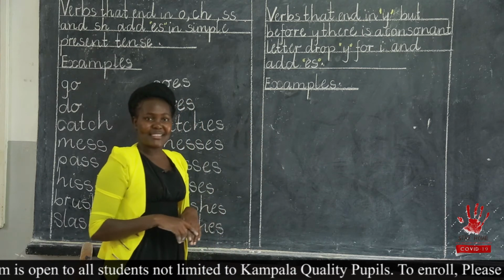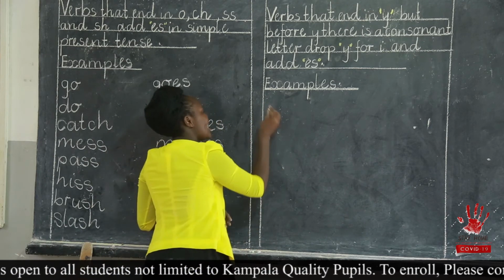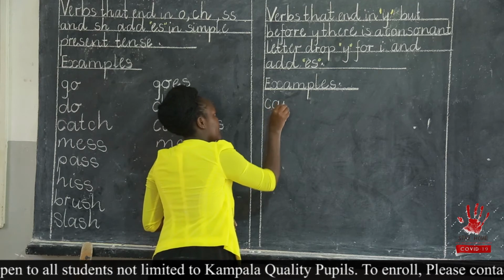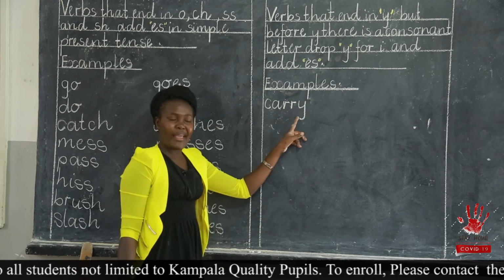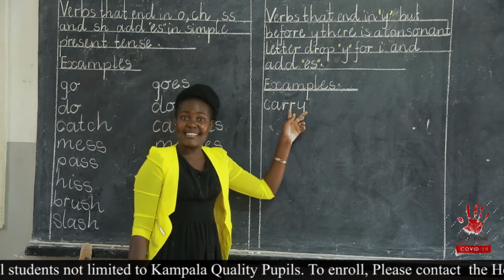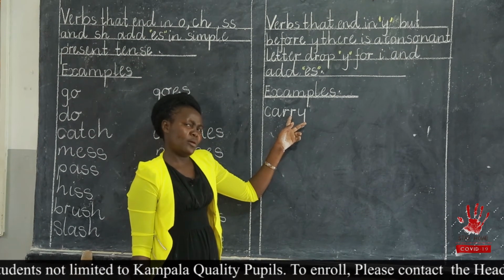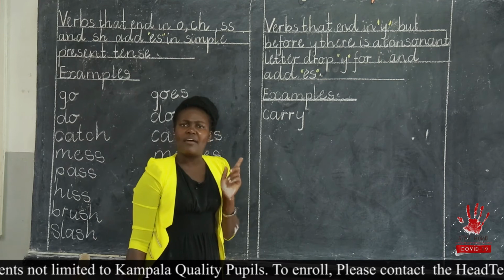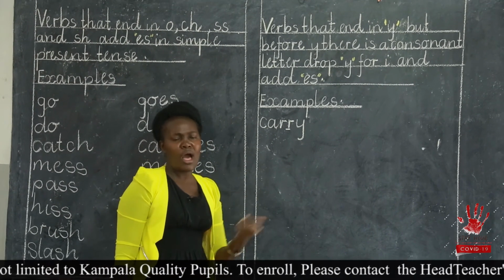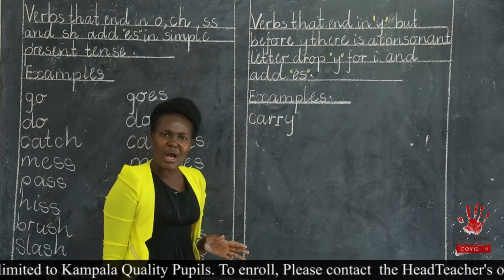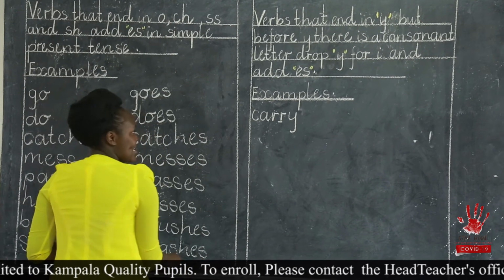Let's have some examples. Let's have the word carry. Before Y, which letter is there? Letter R. Find out. Is it a consonant or a vowel? It's a consonant letter. What happens if it's a consonant letter? The thing is easy.